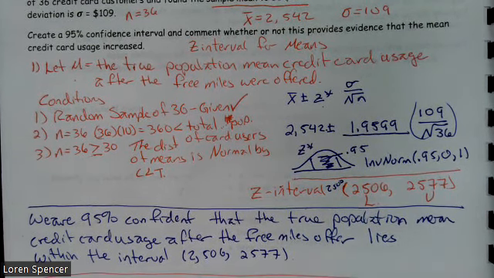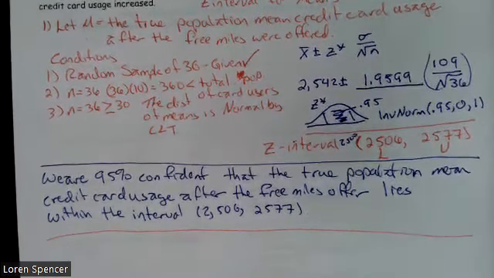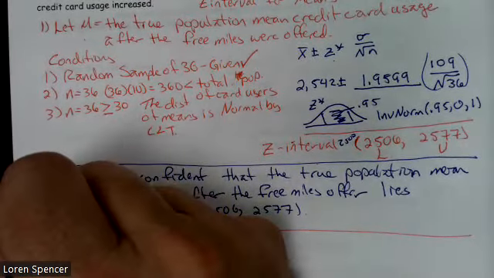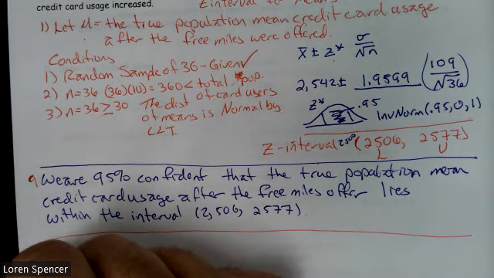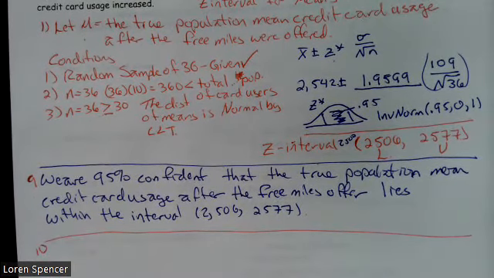The next thing we need to do is explain what the confidence level is. By the way, this was number 9, and then number 10 on the recipe is explaining the confidence level.